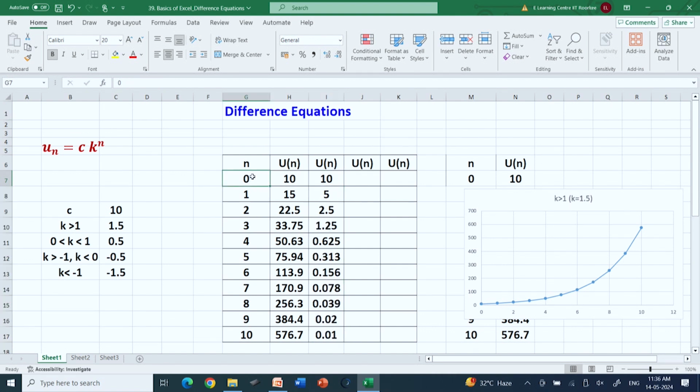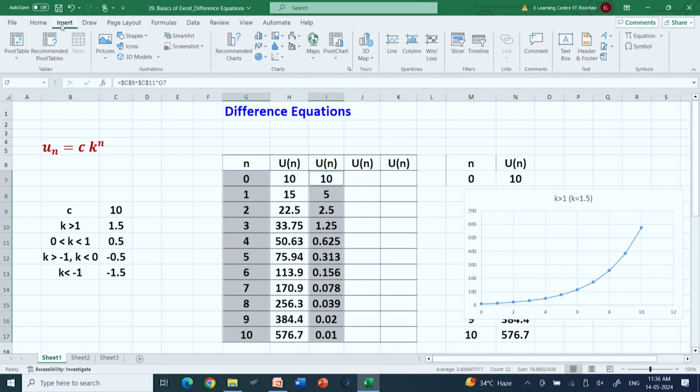Now, to plot this particular column and this particular column, you first highlight this by pressing the shift key and the cursor, then go there, press the control button, choose this one, press shift and then the down cursor, and this will be highlighted.